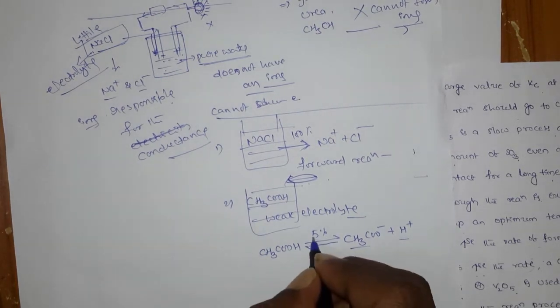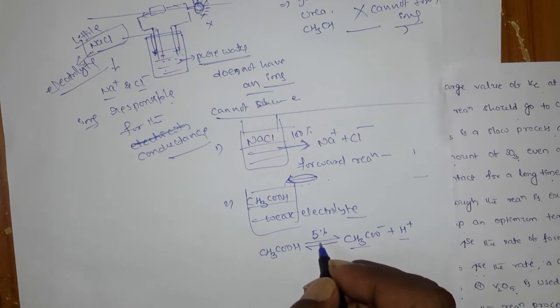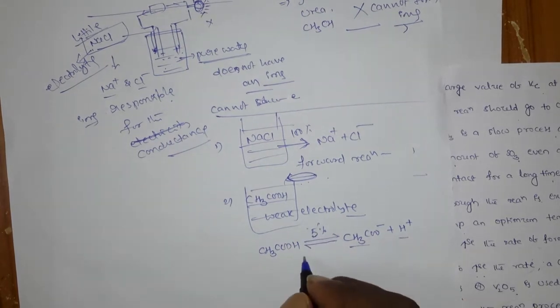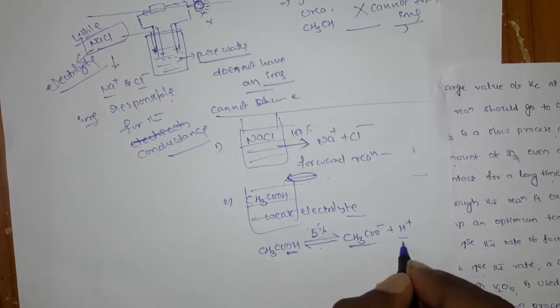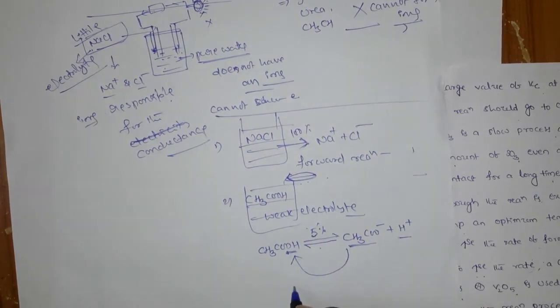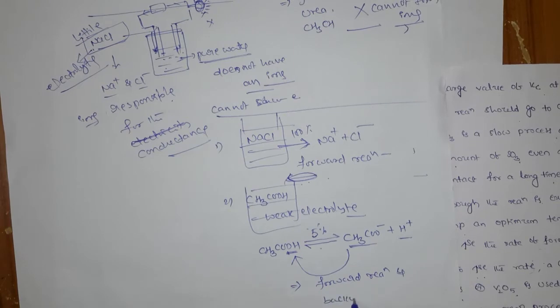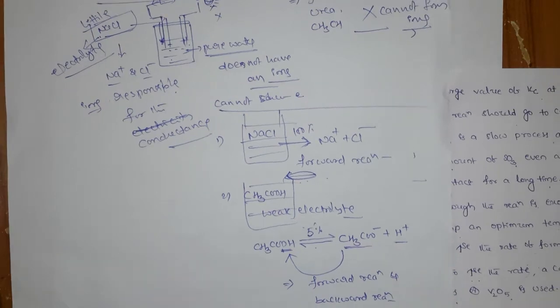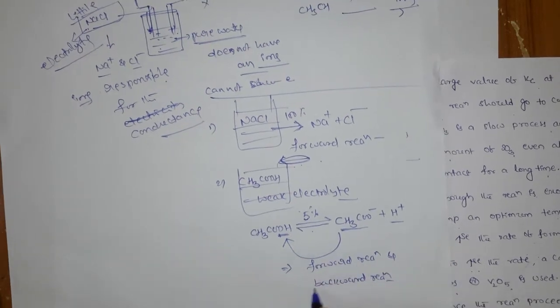Of course, some factors influence this, so it is not exactly 5%. After 5% dissociation of the acetic acid, the acetate ion and H+ ion start to come back. So at the same time the forward reaction and backward reaction are both happening, and you can say this is an equilibrium reaction.